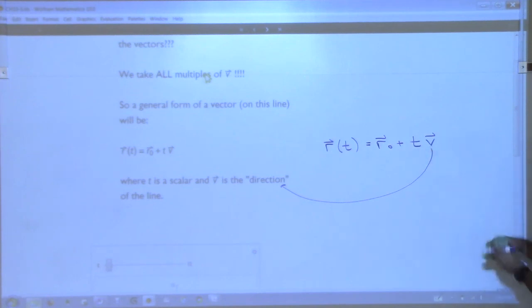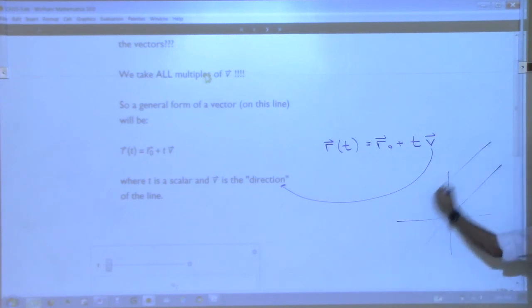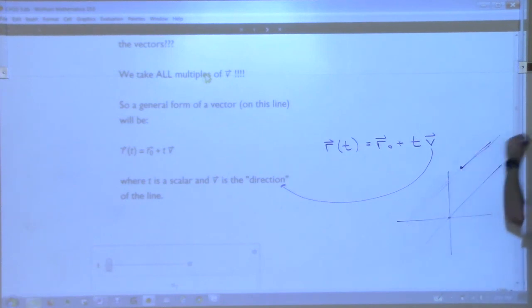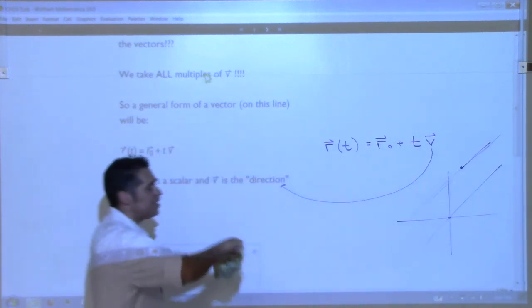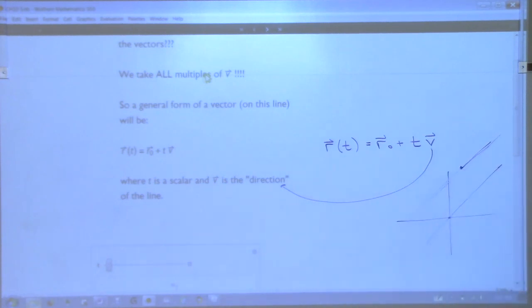Because if I just go tv, then at t equals 0, we're going to be here, and then we're just going to draw a line through the origin. But maybe our line's over here. So what we need to do is start off here and then draw our line. So the r naught gives us our initial position, and then the tv draws it. And that's where we have to stop.